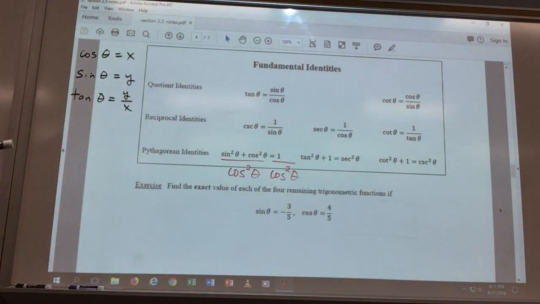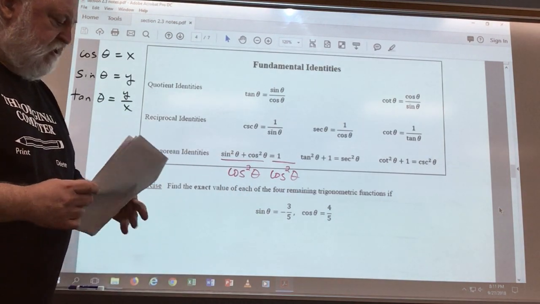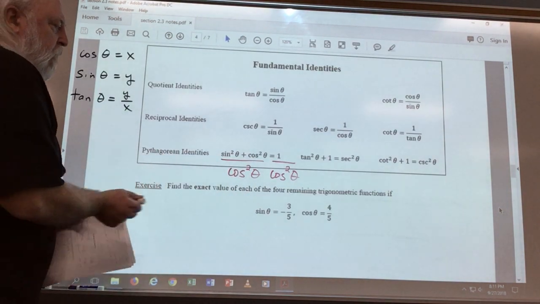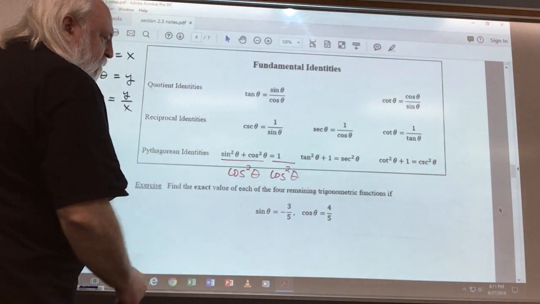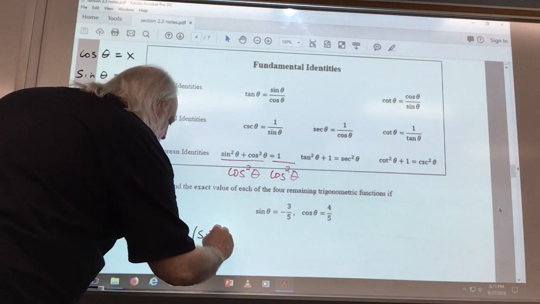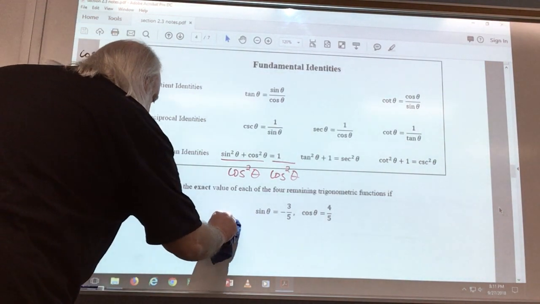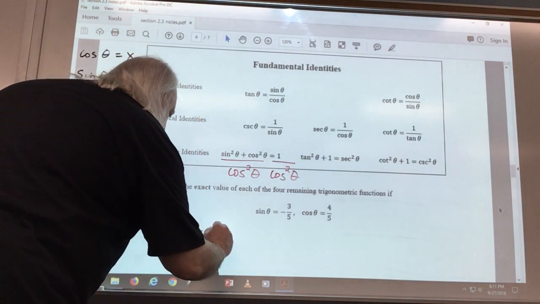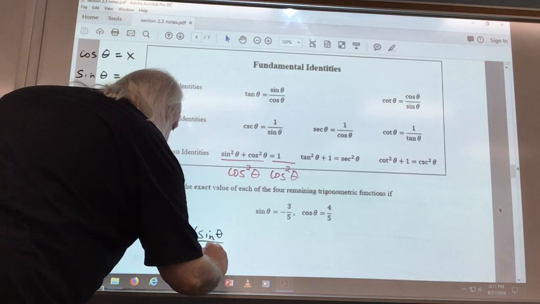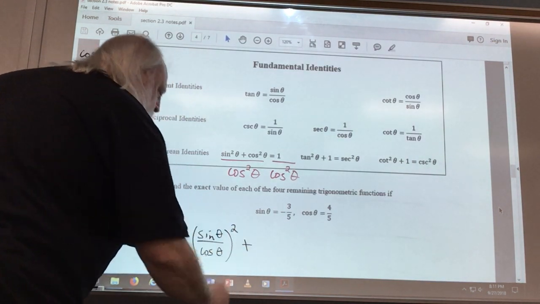And then when you divide each term in the numerator on the left-hand side, you have sine squared over cosine squared, which can be written as sine theta over cosine theta squared.